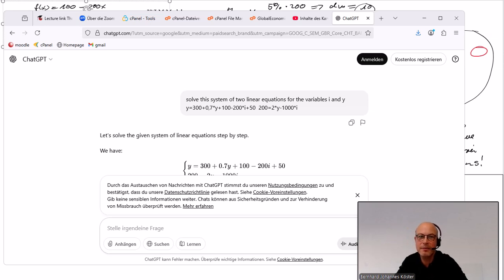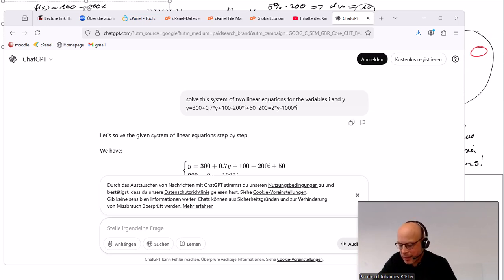It is not a mathematical program. But if you have quite simple mathematics, I started to use it some months ago, because they implemented mathematical programs within ChatGPT, within Grok, and so on. So you can quite rely that you will obtain the right answer.